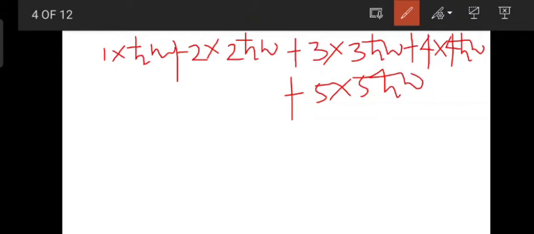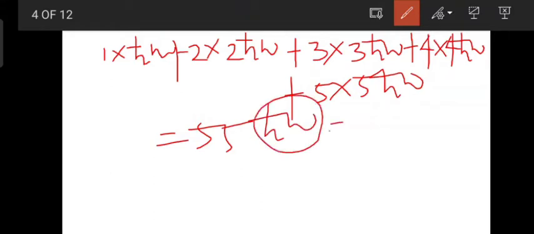And if we solve it, you will get 55 h cut omega, and you know h cut omega equal to 1, so the answer will be 55.